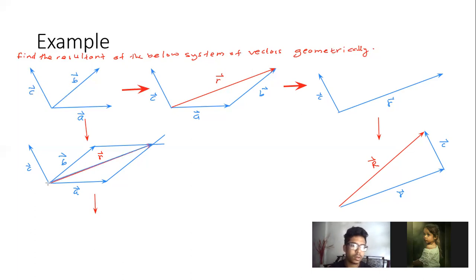Okay, and then I take that. So instead of A and B, I have the R vector here. I think I don't have enough space there, so I take here. And then I have this C vector here.